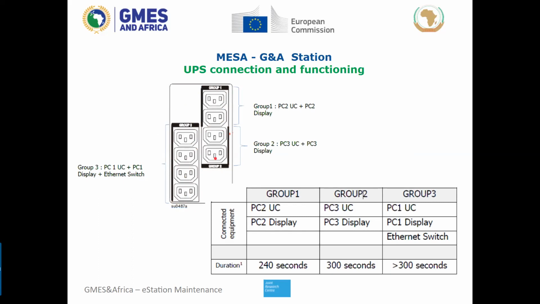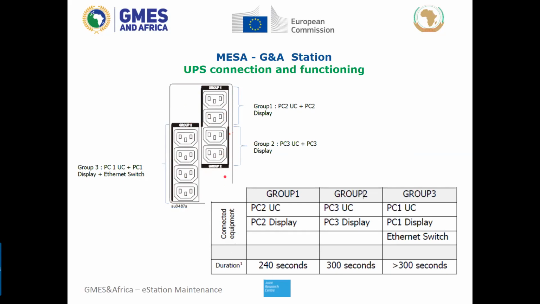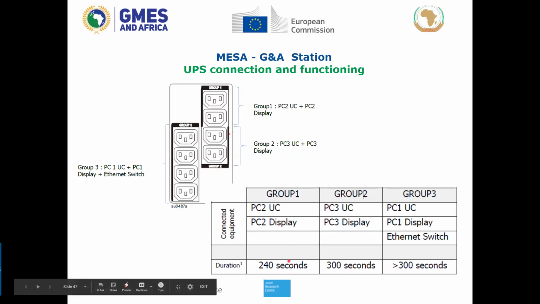When you turn your UPS, you find the markings group 3, group 1, group 2. The reason for inserting in those particular groups is that when there is a power failure, it starts to work on the battery backup, and after 240 seconds, approximately 5 minutes, it tries to shut down the PCs attached to group 1.